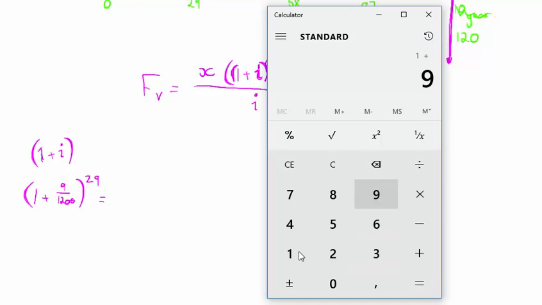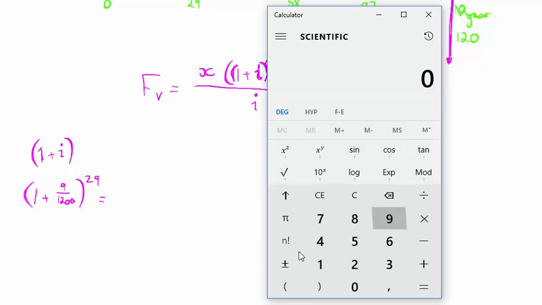9 divided by 1200 is equal to that, plus 1 is equal to that, to the power of 29 is equal to 1.2419, etc. Now that's adding a 1.